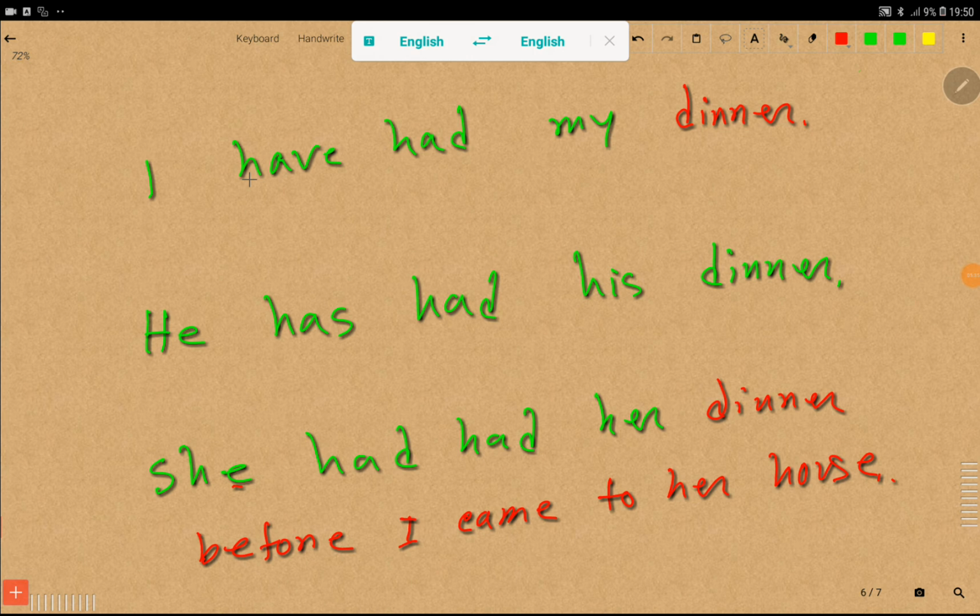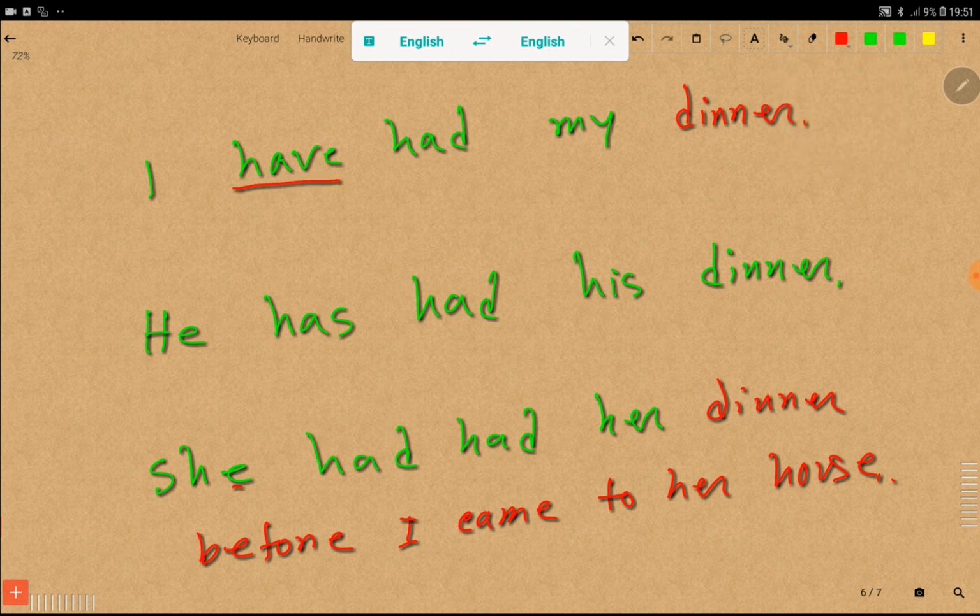As I told you earlier, have can be used as auxiliary verb or principal verb, right? Look at here, I have had my dinner. Or look at here, he has had his dinner, and she had her dinner before I came to her house. So can you tell me what is the meaning of this had and have?